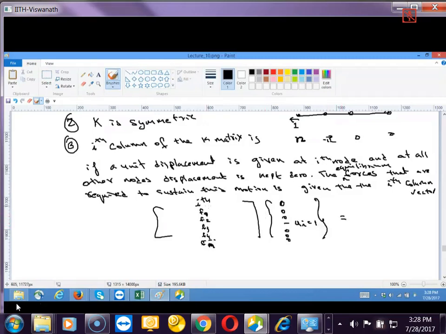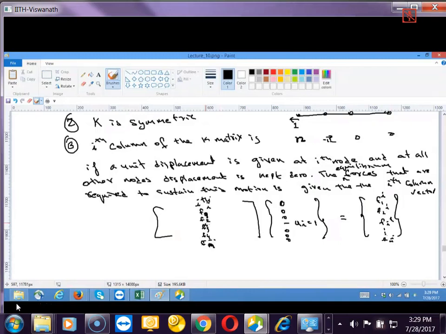Then I will get equilibrium forces F1 because of i, F2 because of i equal to 1, and so on, Fi,i, up to Fn,i.